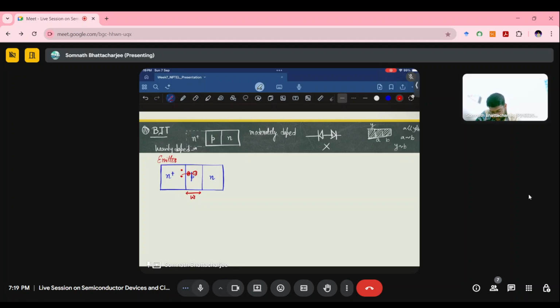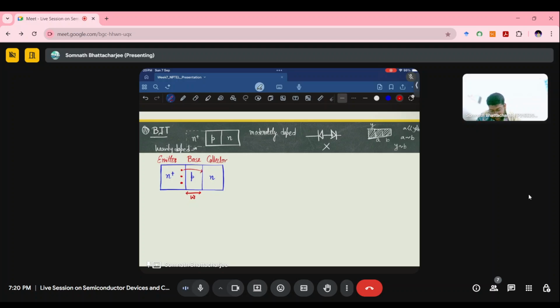Now this part is the base, because it contrasts with the much larger number of electrons in this case. So we are calling it the base, and this is called the collector. Why is it the collector?